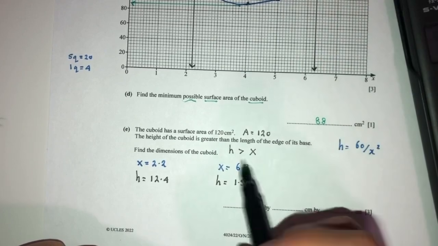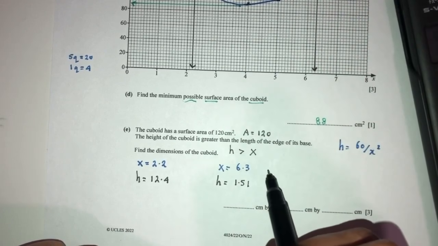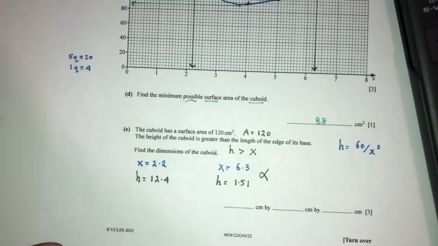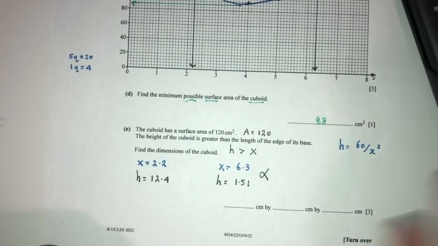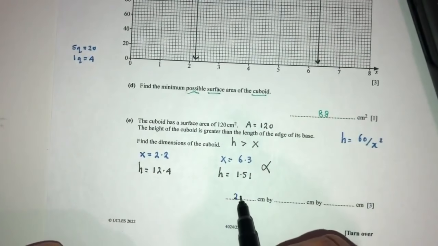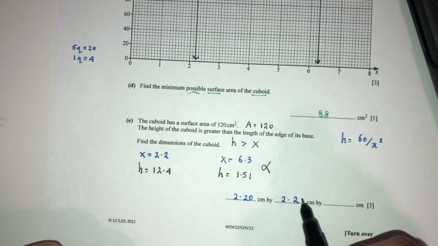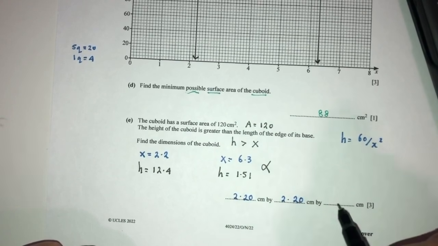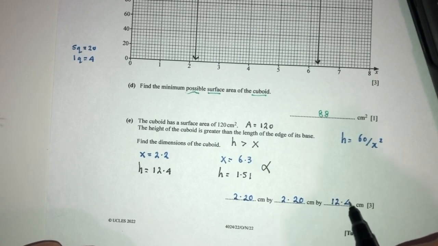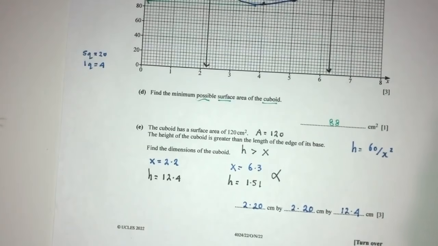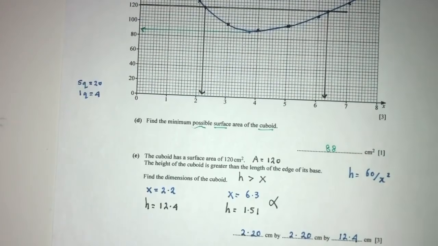As you can see, the height has to be more than x, so this is not possible, so this one will be the value that we need. So it will be x by x, so 2.2 by 2.2. Of course, let's write this corrected to 3 significant figures, and then we have by 12.4 centimeters. And that is your question number 3.